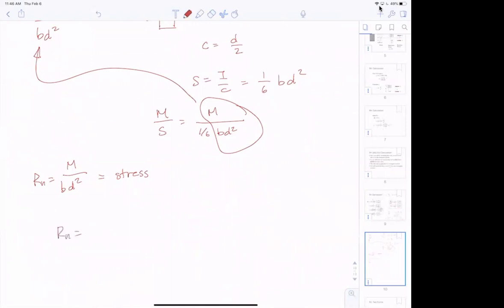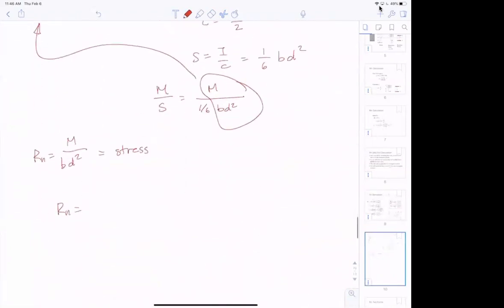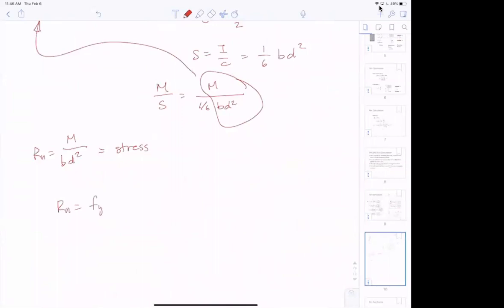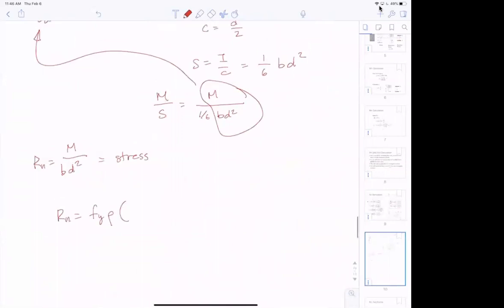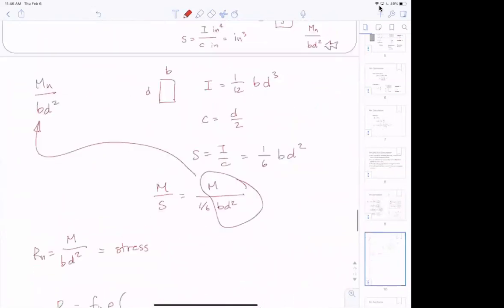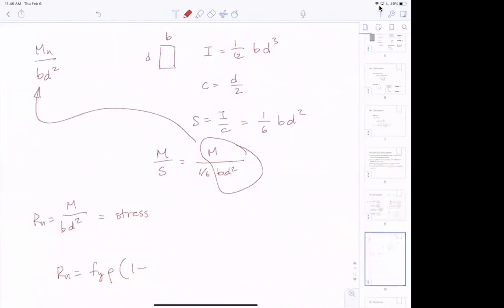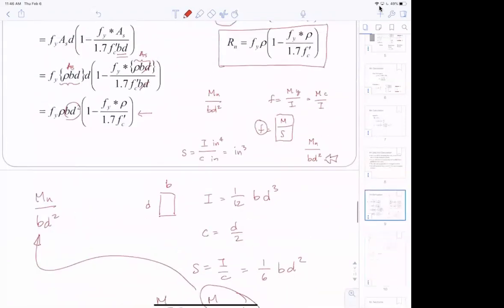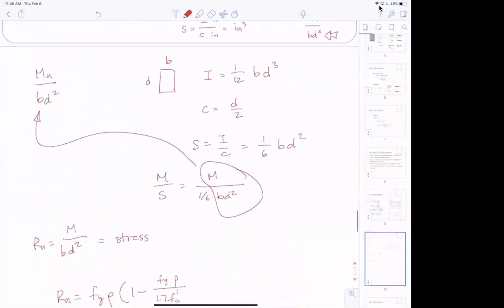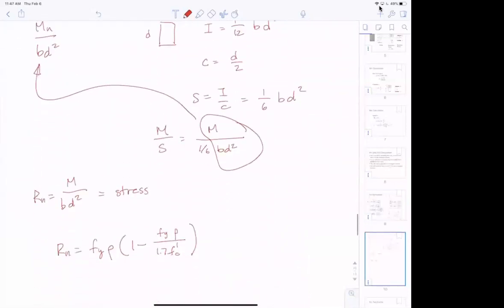Rn equals Fy rho (1 minus Fy rho over 1.7 f'c).